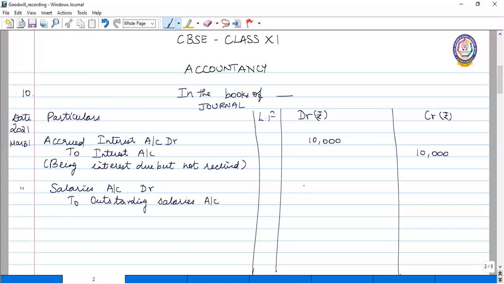Amount is rupees 50,000. And in the narration we have to mention being salaries due to staff.